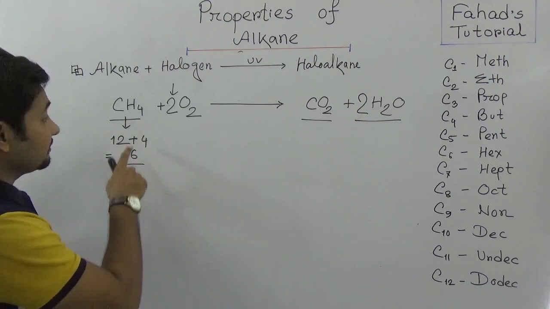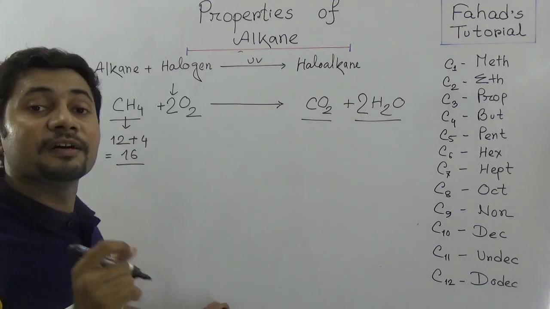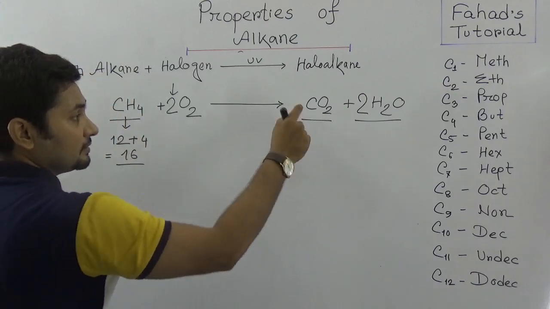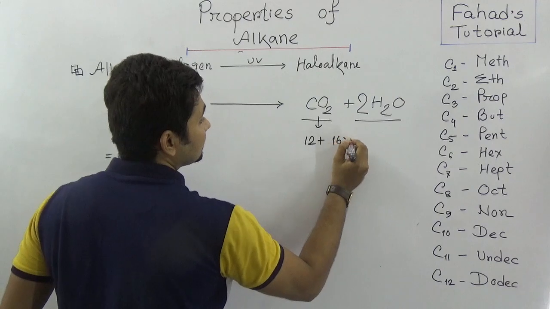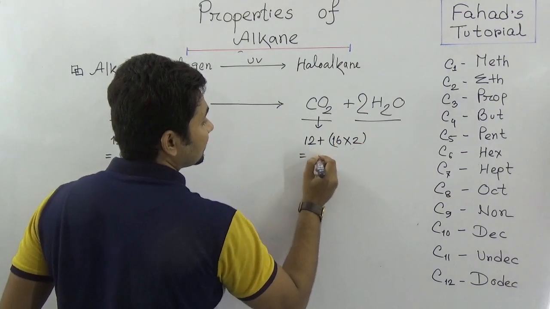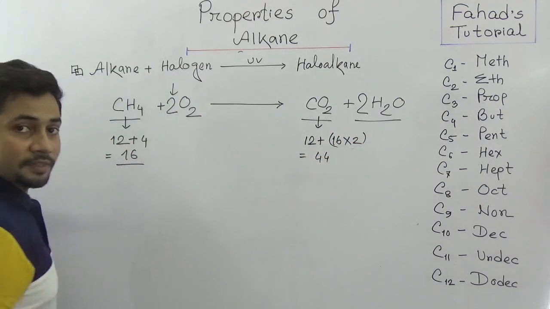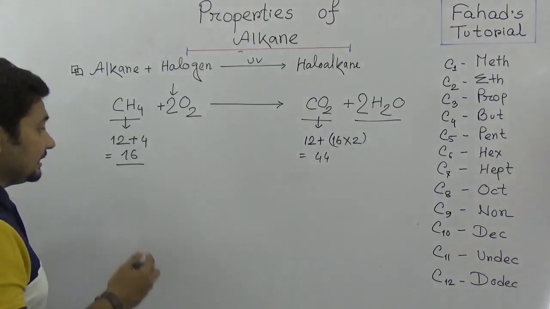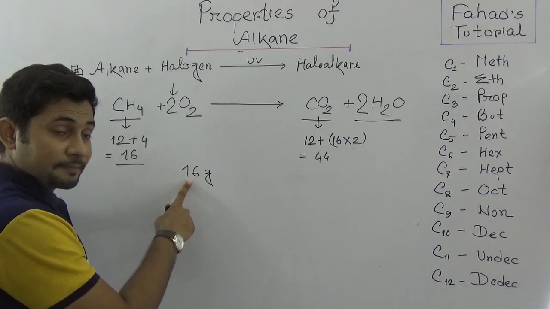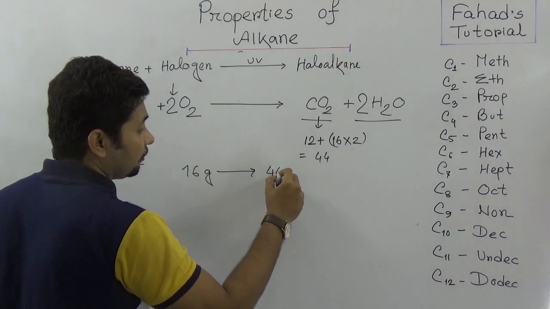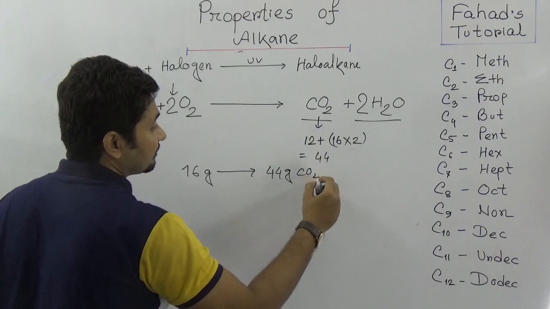The relative molecular mass of methane is 16. And now you see this is carbon dioxide. So this is 12, 16 times 2, and that is 44. So we also can say that 16 gram methane is producing 44 gram carbon dioxide.